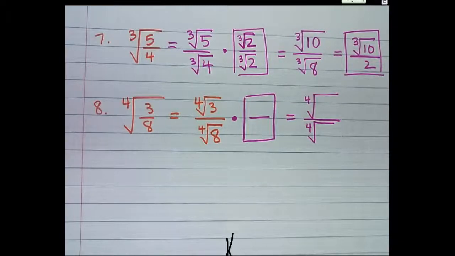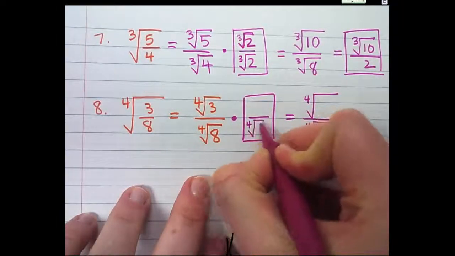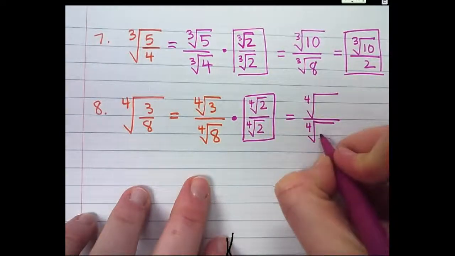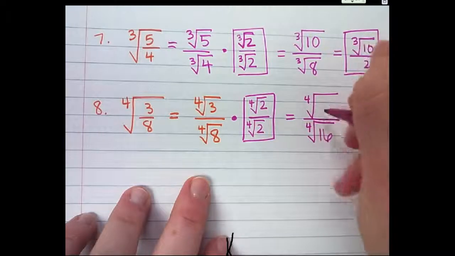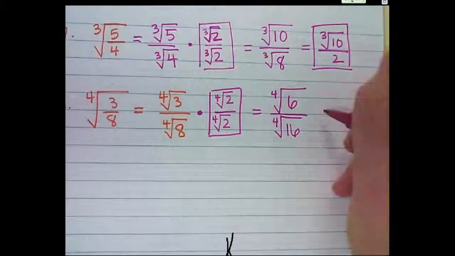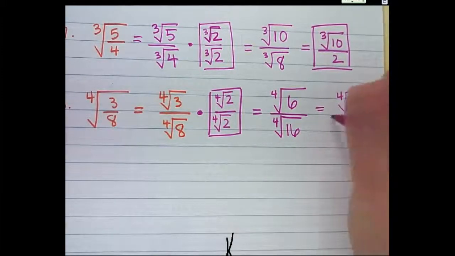Multiply by 2 would give me 16. So multiply by 4th root of 2, right? Okay. To give us a 4th root of 16. And on top, what do we have? 6. So I can't do anything to the top. And 4th root of 16 is 2.